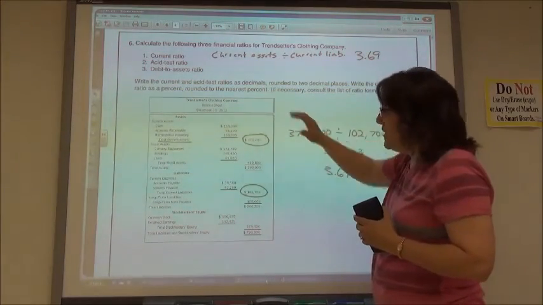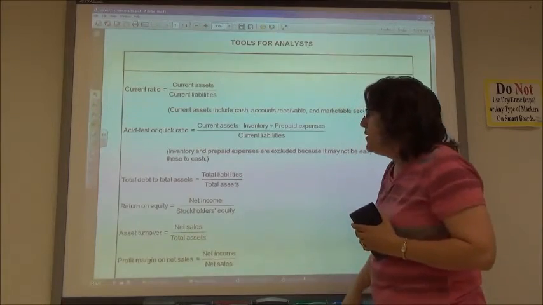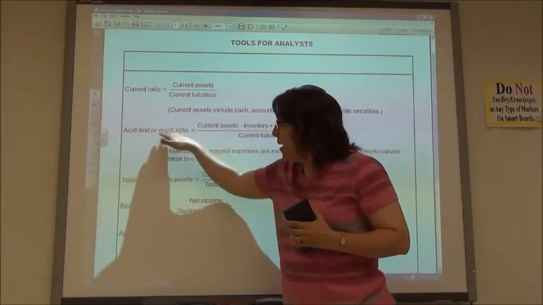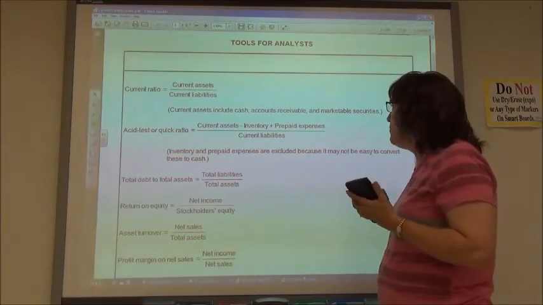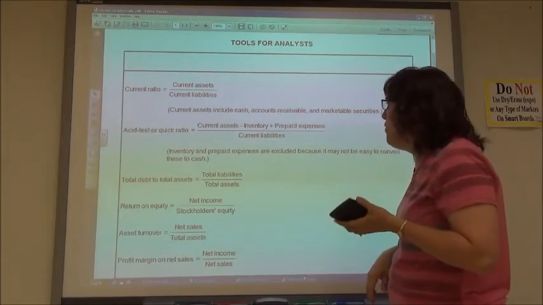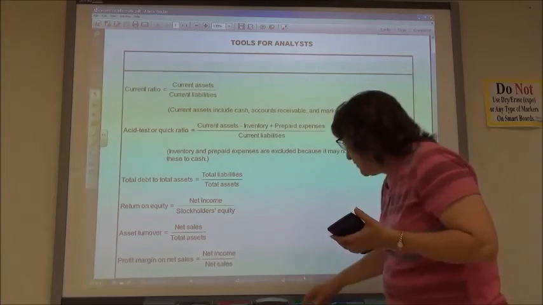Then we're doing the acid test ratio. So the acid test or quick ratio, current assets minus the inventory plus the prepaid expenses over the current liabilities.